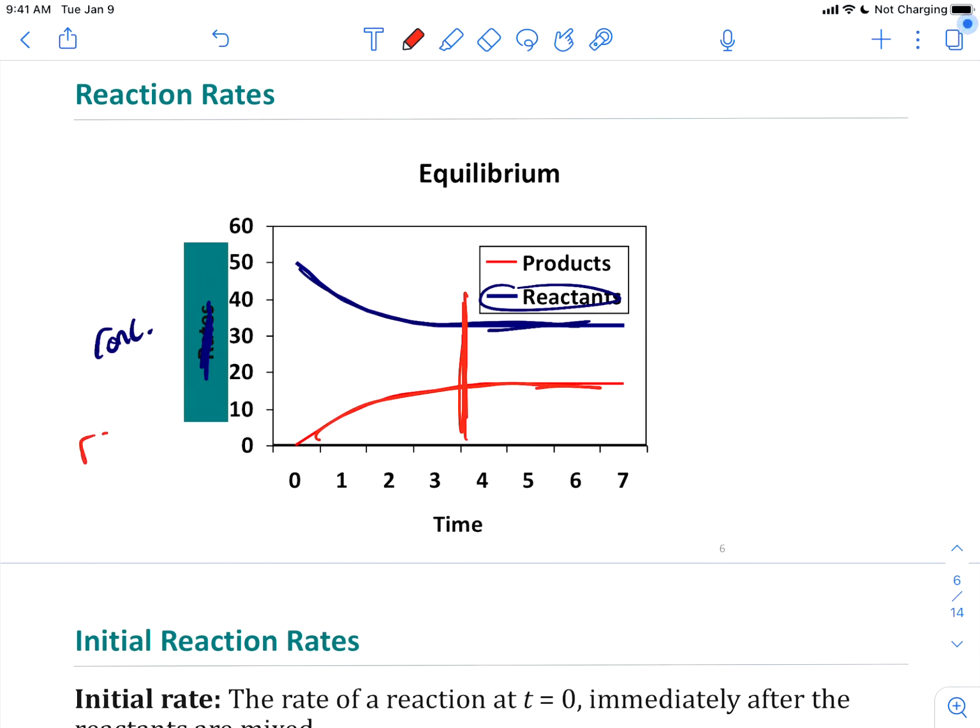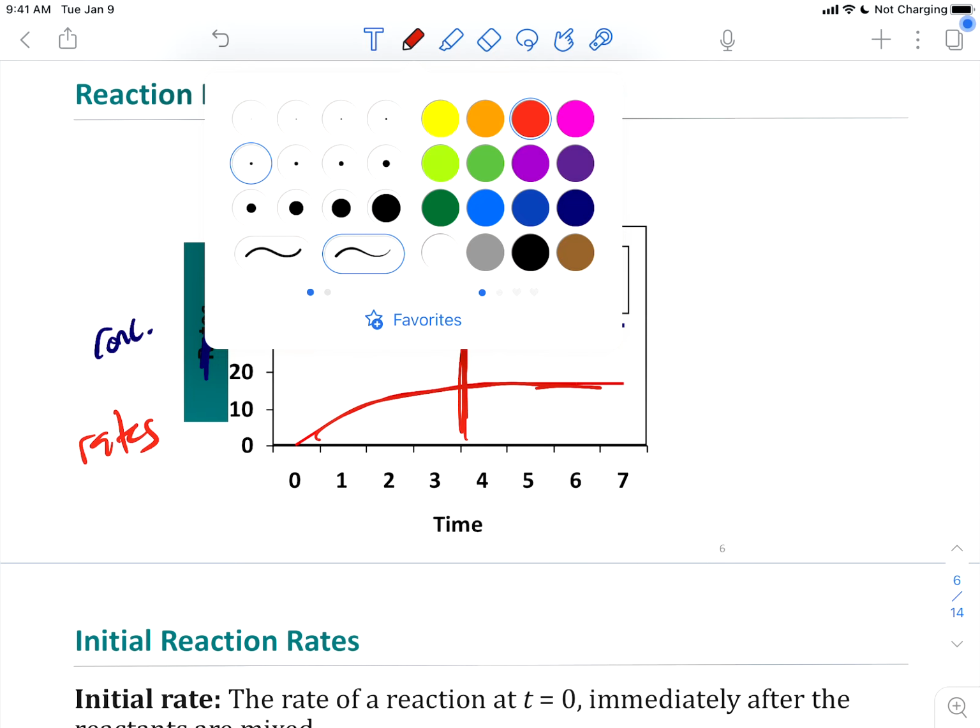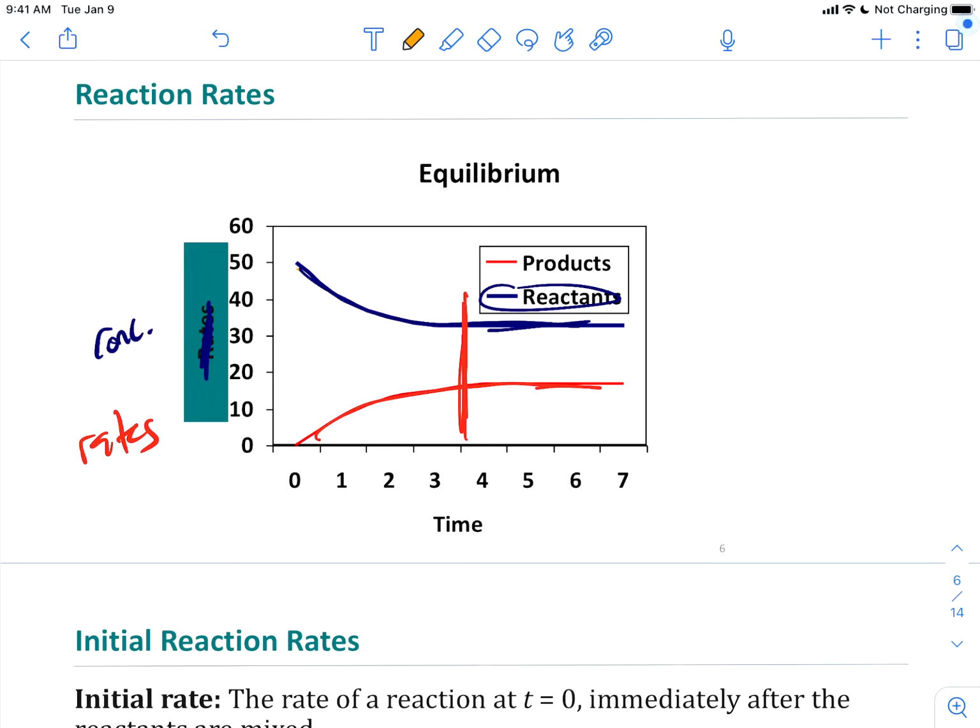If this was rates, it would look like this. The rates have to be equal. So we're going to say this starts here. Oh, what the heck is that? That's weird. Okay, let's erase that. So let's take a look at the rate now.